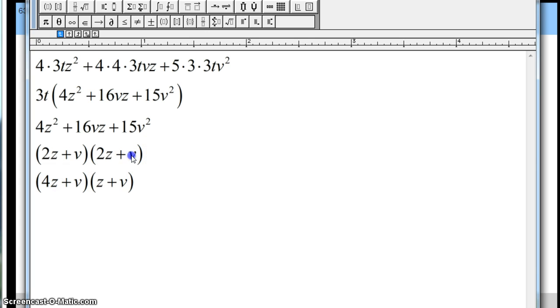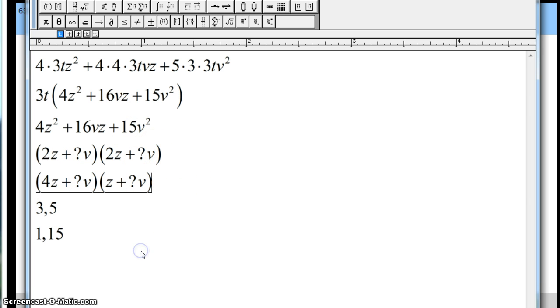And then for the possible coefficients in front of v, let's put some question marks to show that there's going to be coefficients in front of v. So the possible coefficients are 3 and 5, 1 and 15, and I think that's it. So we basically have to plug these into each possible scenario.